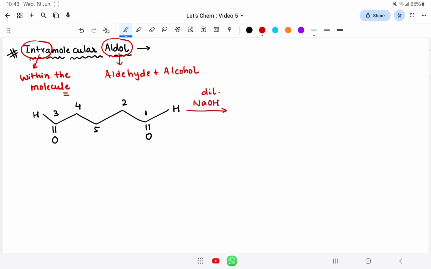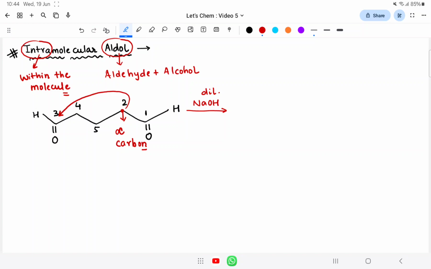Why did I call these carbon number 1 and 2? Because if this is the carbonyl carbon, this carbon is called my alpha carbon, and I am presuming that this alpha carbon will be the one attacking another carbonyl carbon, which I have taken as the third carbon, and the fourth and fifth are lying as intermediates in between.